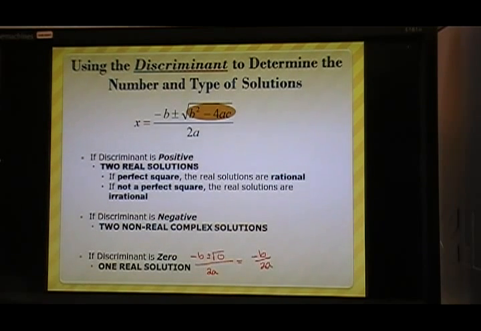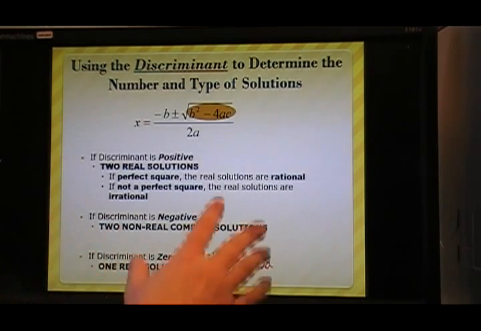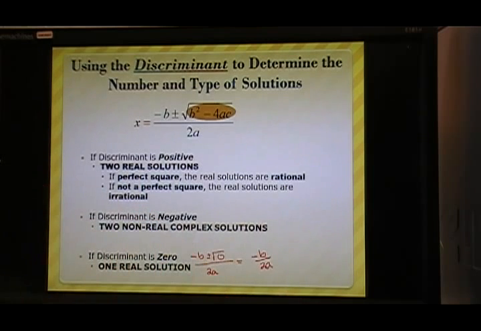You're going to have one real numbered solution, which will be the opposite of the value of b all over 2a. So some things to consider, and you'll see more uses for this later, especially when we're working with graphing of quadratic functions. So let me know if you have any questions, and good luck.